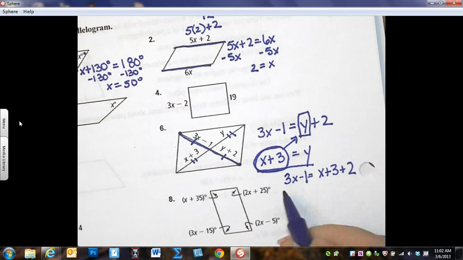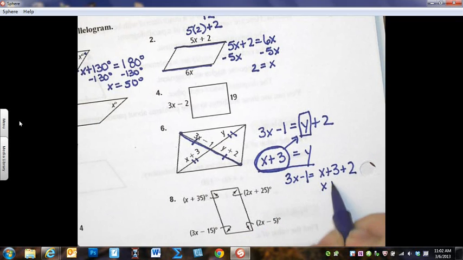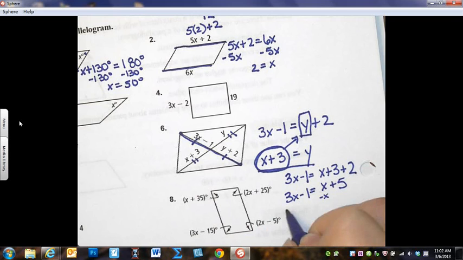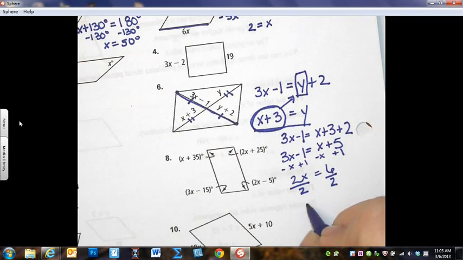Well, this is x plus 5, and this is 3x minus 1. I'm going to subtract my x, getting 2x, and I'm going to add 1. Now I'm going to divide both sides by 2, and I know that x equals 3.